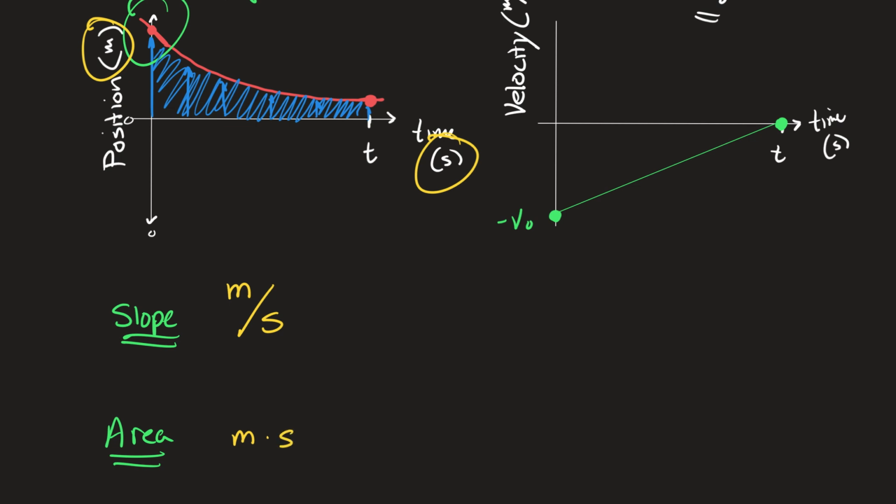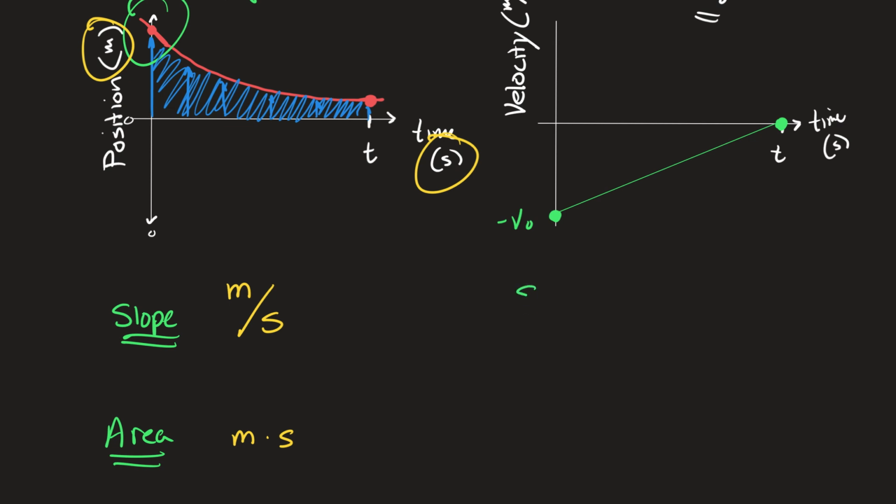Now, if you know something that's measured in meter seconds, it is possible that this graph is telling you that. If you don't know anything that's measured in meter seconds, then the area doesn't mean anything to you. And just so you know, the area of a position versus time graph doesn't really have any meaning, but the slope does. Now we could talk about the same thing with the velocity graph.